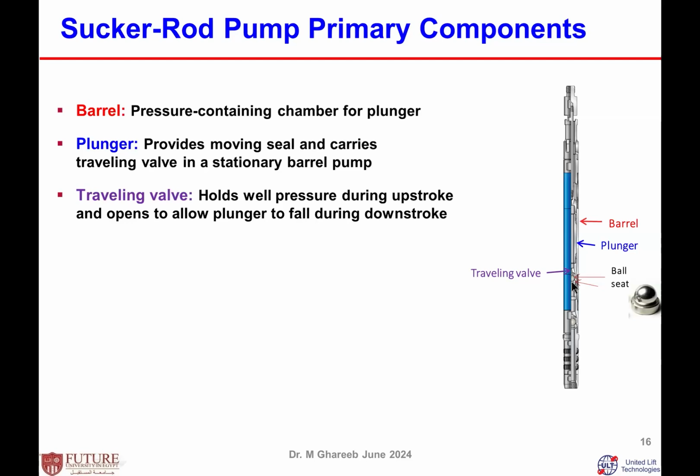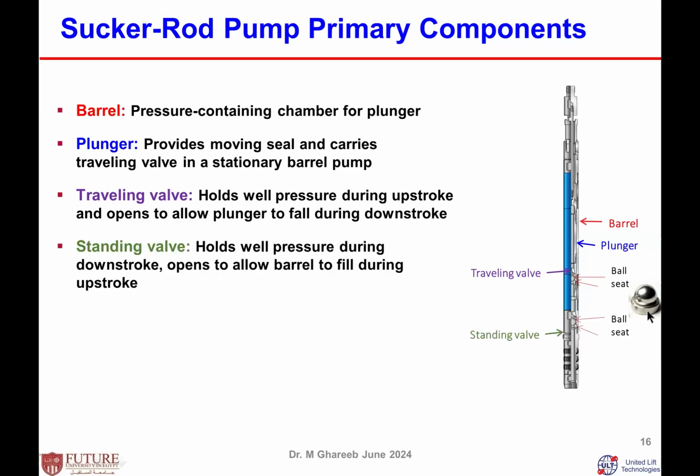This valve is considered a one-way valve, a check valve. It allows the fluid to go from bottom to top and prevents fluid from going from top to bottom, in order to prevent the fluid from going back to the well. If the fluid has opened the valve and gone above it, it's not easy for the fluid to come back through the valve unless the valve is damaged.